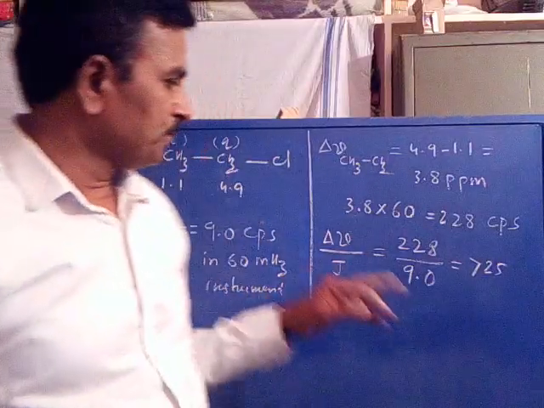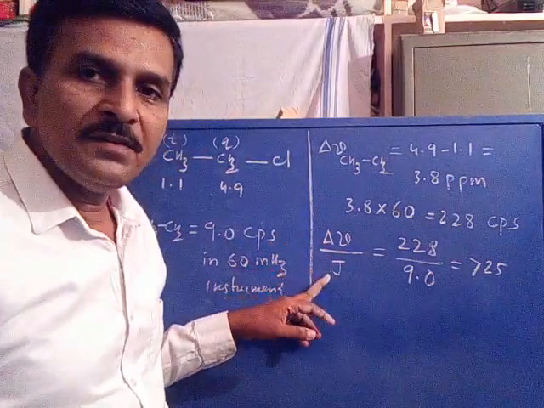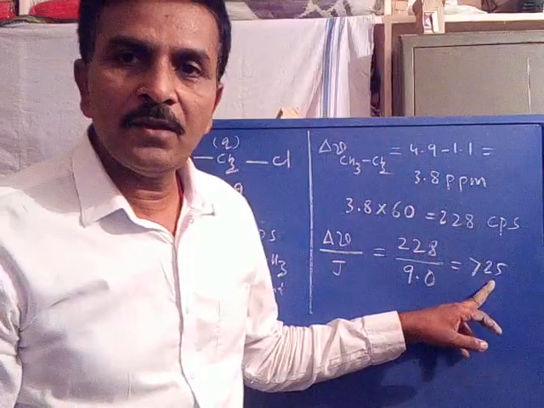So you observe delta nu divided by J is greater than 25.